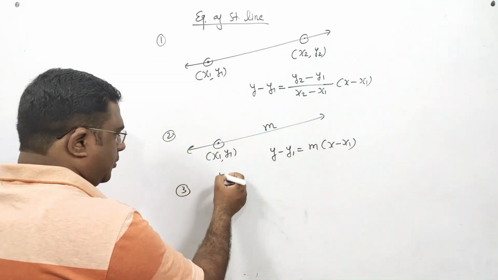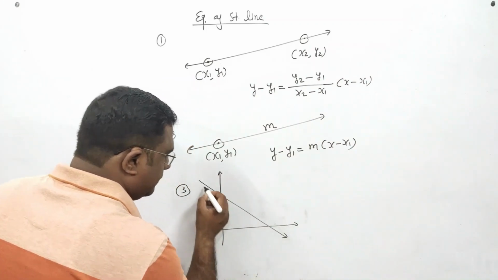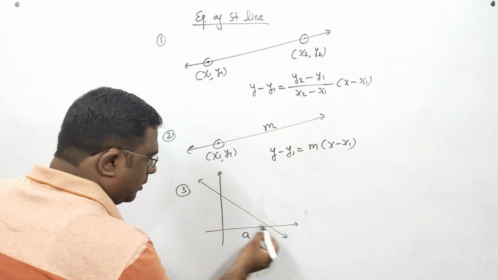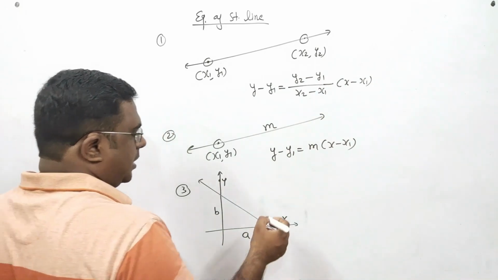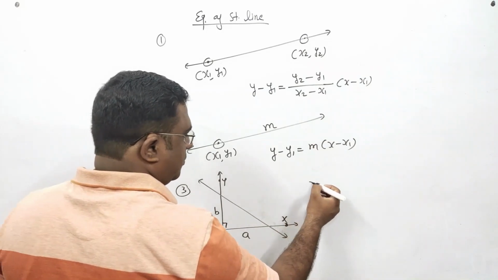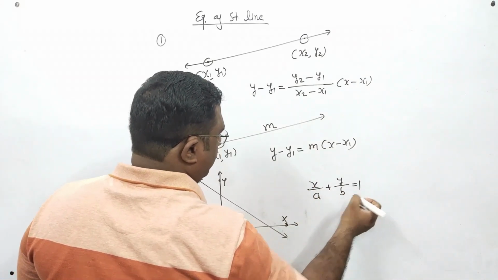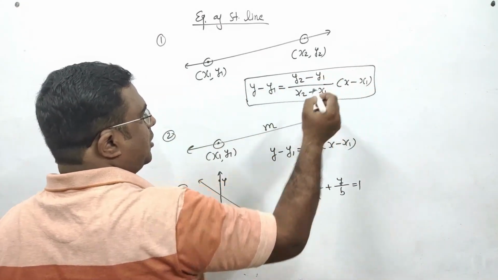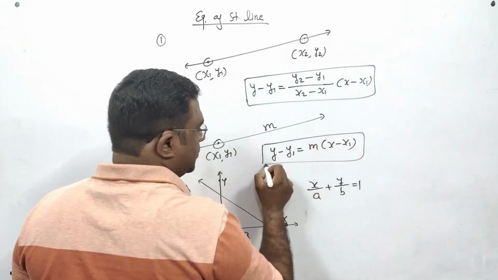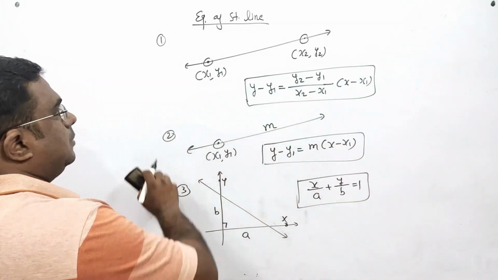Number 3, suppose you have a line which is making A intercept on the x-axis and B intercept on the y-axis. In that situation, the equation of this line will be x upon A plus y upon B equal to 1. This is known as the 2-point formula. This is known as the point slope formula. This is known as the intercept formula.